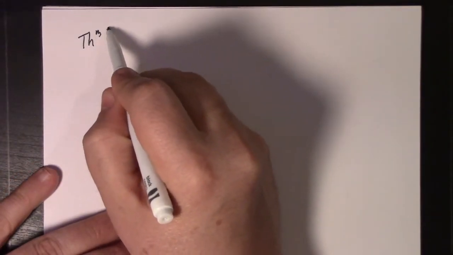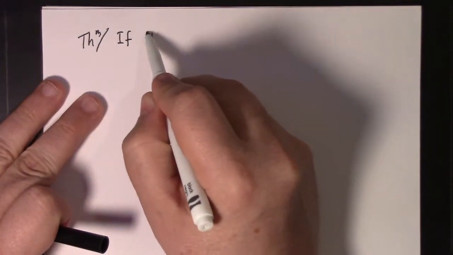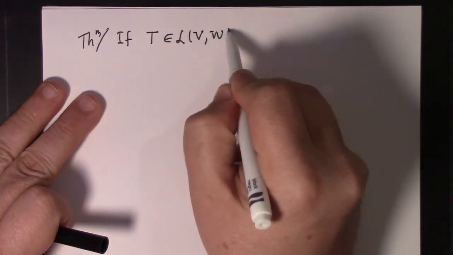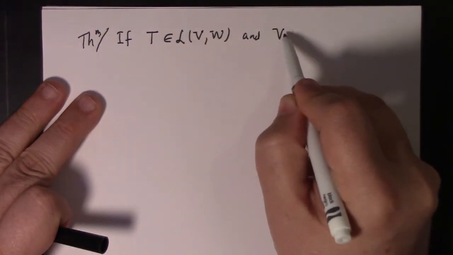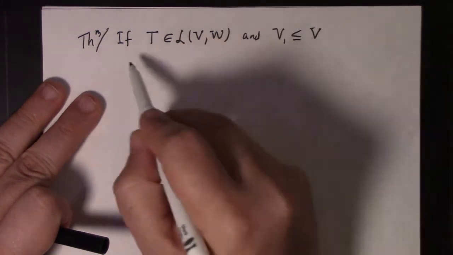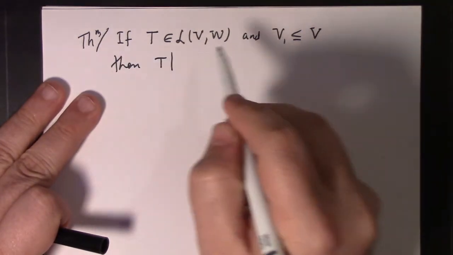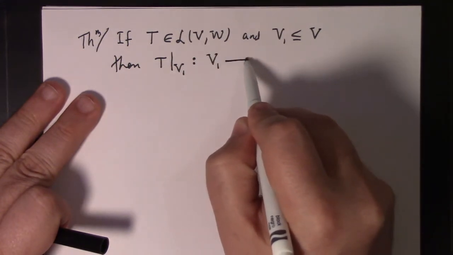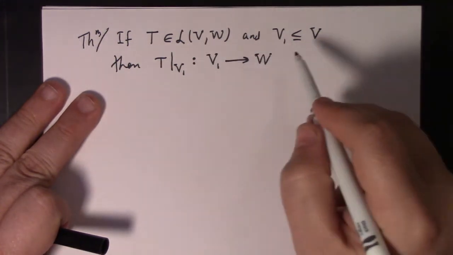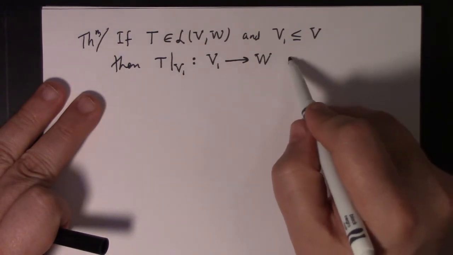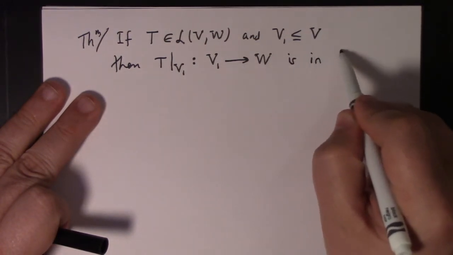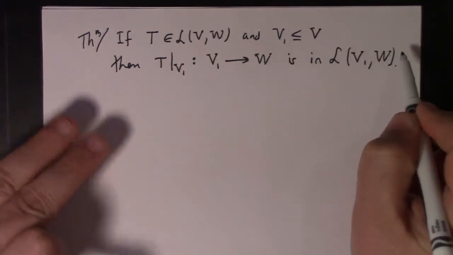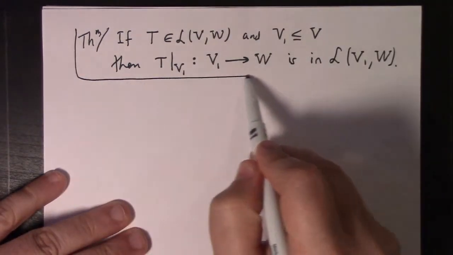Theorem: if T is an element of the linear transformations from V to W, and if V1 is a subspace of V, then T restricted to V1 is in fact in the linear transformations from V1 to W. So if you take a linear transformation and you restrict it, you get a linear map again.